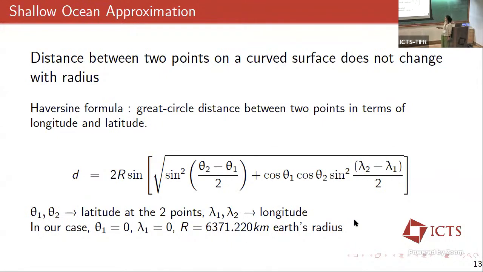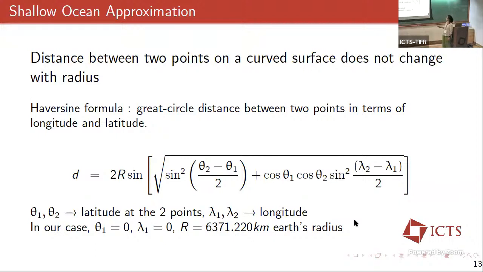The important thing to note here is that this distance is independent of the radius. Here the radius is a constant. It is not changing. Even if the sea level height changes, it will still remain as capital R and will not change.